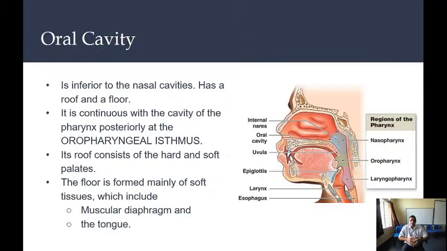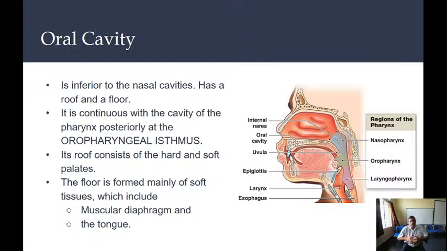Now, the oral cavity is the beginning of the digestive tract. It starts there, just as the nose is the beginning part of the respiratory system.